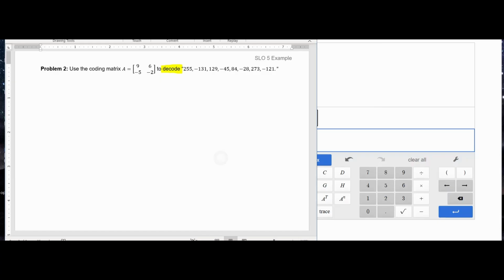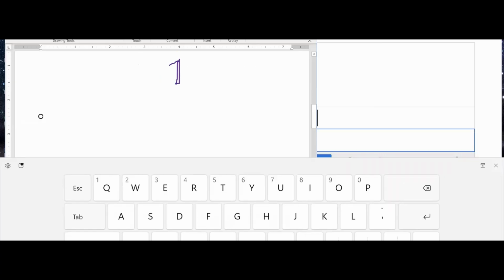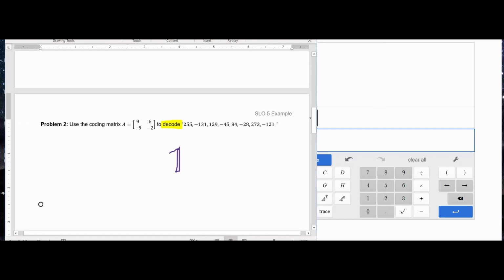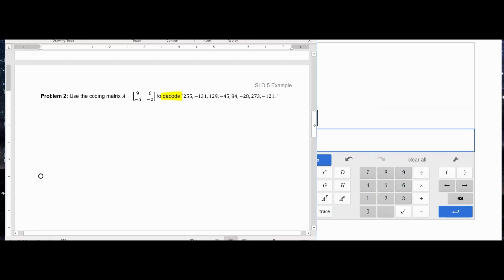And to decode you need A inverse. When we code or encode, we use A as it is given.